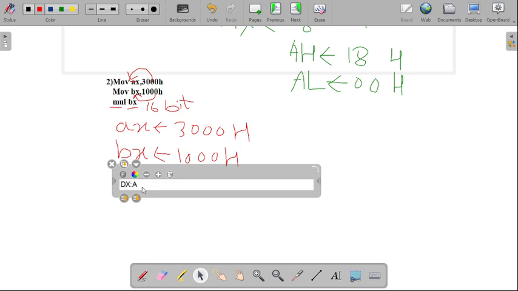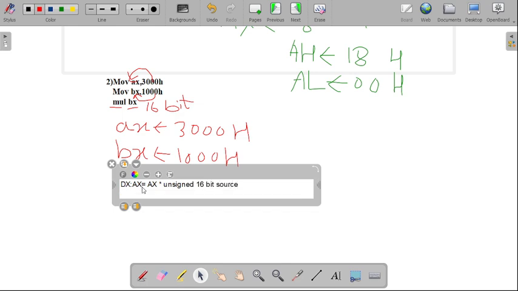Here our unsigned 16-bit source is the BX register. So I am writing here AX into BX.